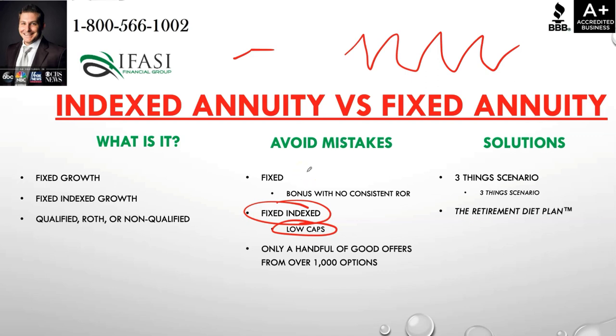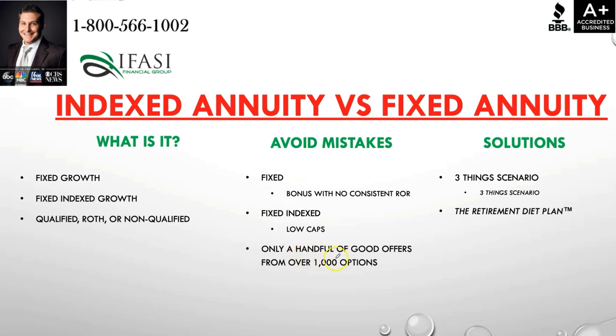So there is a place for it, but you want to be very careful when you're navigating through these things, and you want to make sure you're set up with an advisory group that knows how to leverage the correct pieces and really cherry-pick the correct routes on either the fixed annuity or the fixed index annuity side.